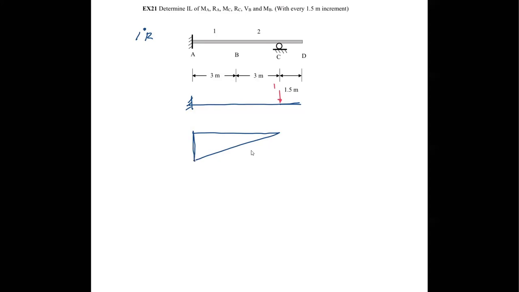So the M over EI diagram, this is minus 6 over EI, right? And now the best way to calculate the displacement at any location is not to use the conjugate beam, but to use the moment area method, if you can recall that, because this is a cantilever beam.